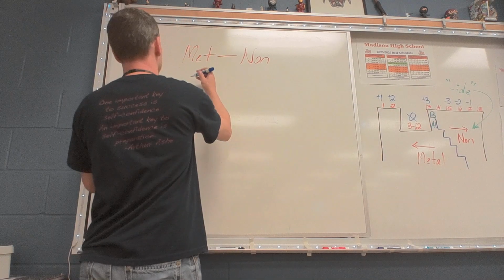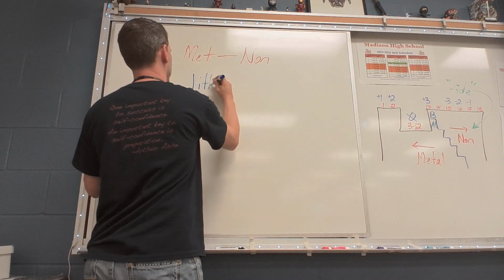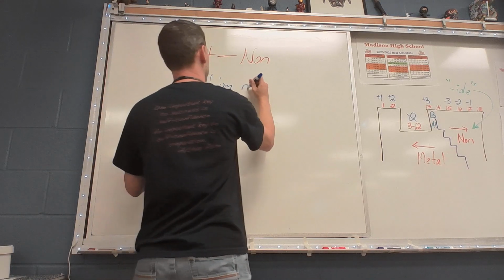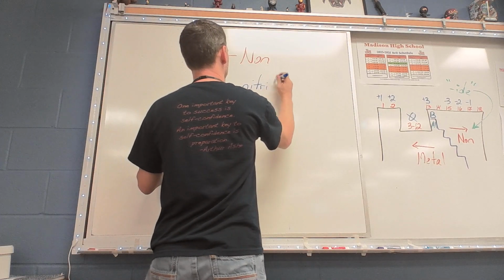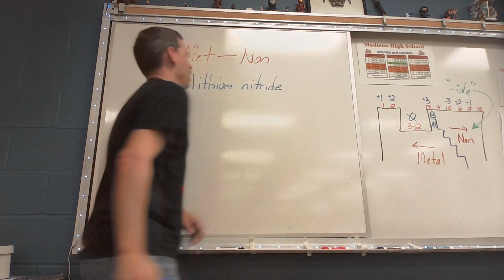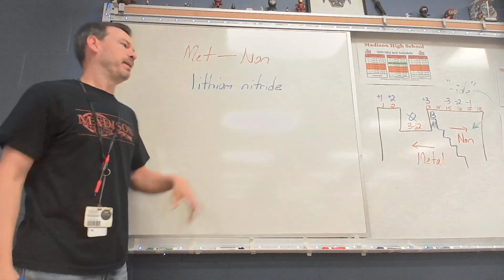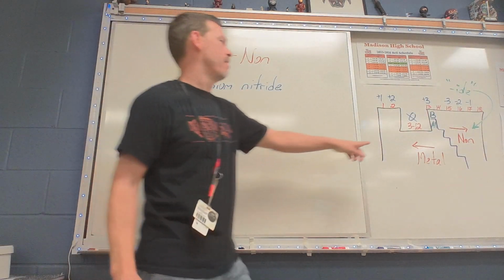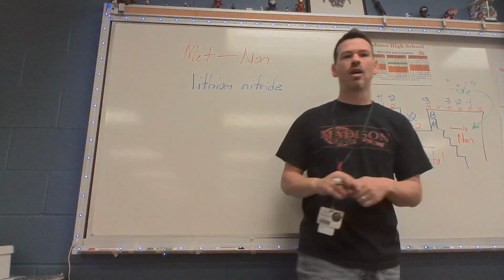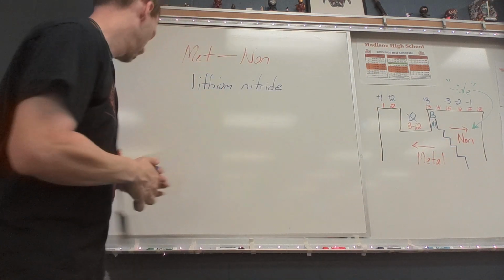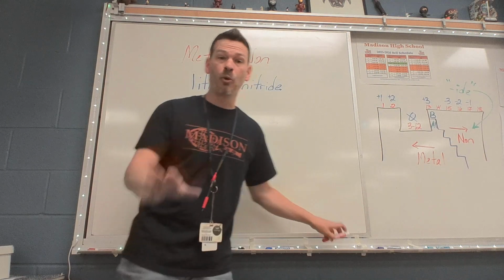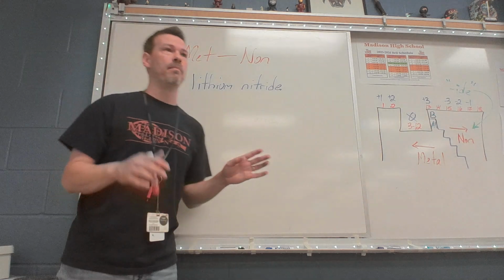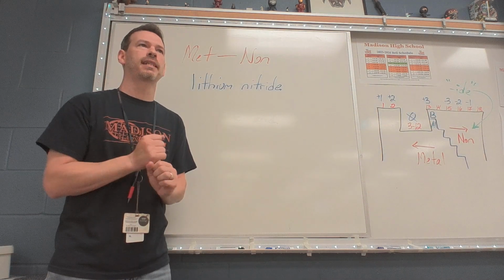Lithium nitride. All right, I know it's ionic because lithium is metal and nitrogen's non-metal, right? We just look at their locations on the periodic table. So we're not doing prefixes, right? We're not messing with any of the monos, dis, tetras, etc.